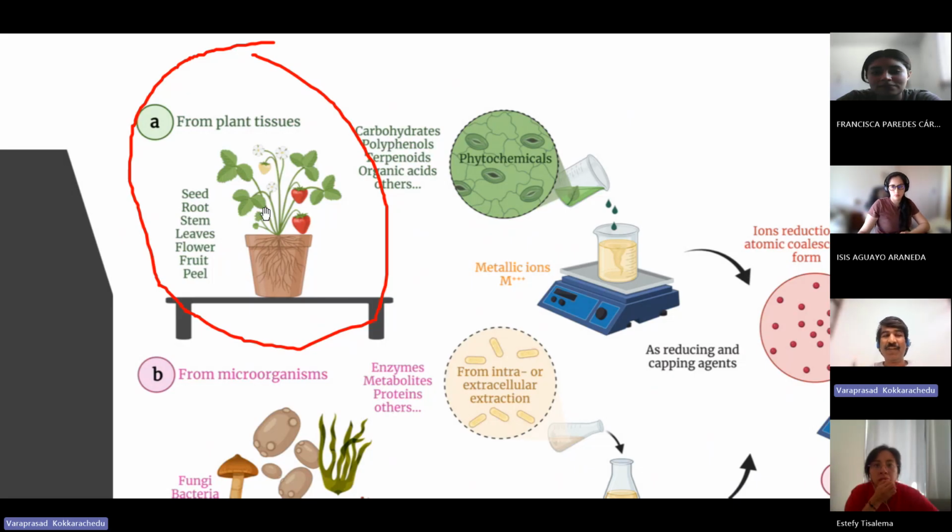Same like that, here we take the plant materials and boil them in water. When you boil, carbohydrates, polyphenols, and other organic materials from the plant come into the water.